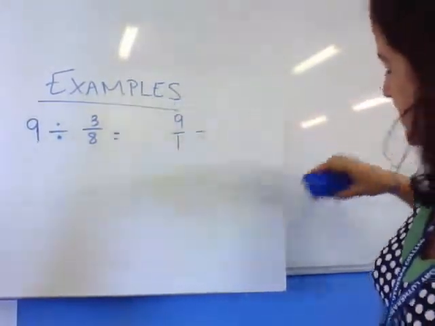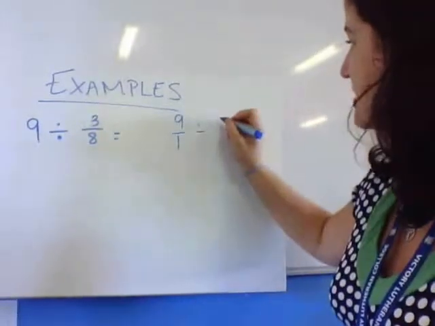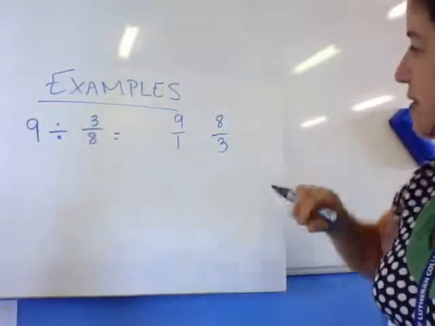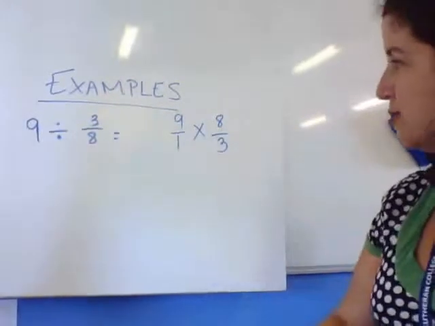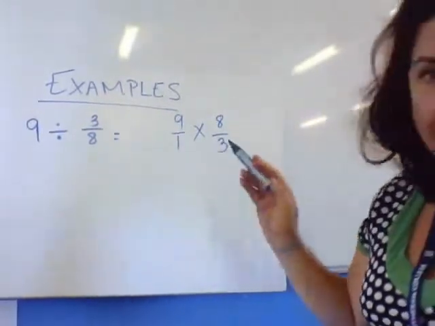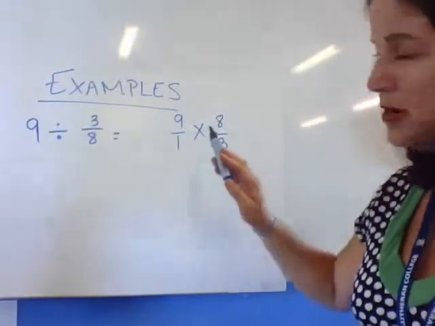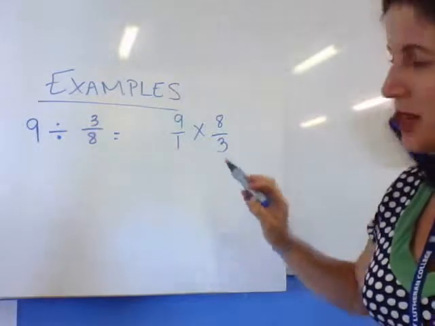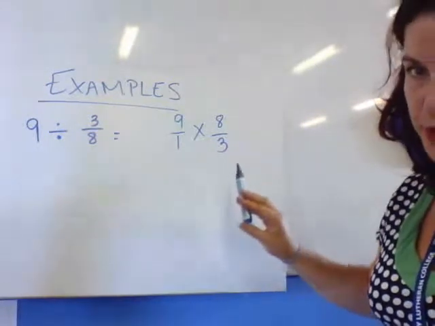So that's 3/8, and we're going to invert that, so that's 8/3. Okay, now we've turned that into a multiplication problem. Now we can cancel out any factors. Remember, it's got to be between a numerator and a denominator, but they don't have to be from the same fraction when you're multiplying.